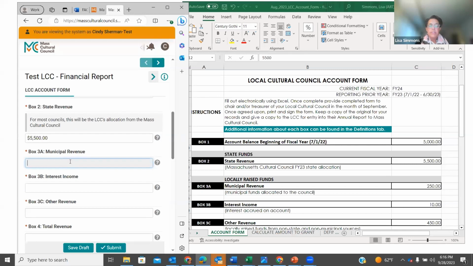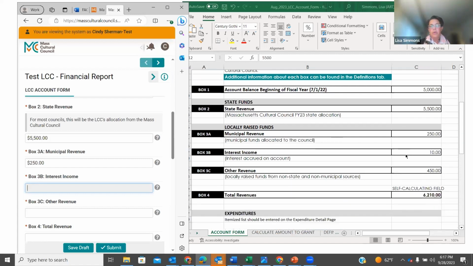Then the question is, did I get any municipal revenue? So in this case, the municipality gave this council $250 towards their allocation for their fiscal year in 23. Now remember, this section, this tab, this account form here is a snapshot of fiscal year 23.